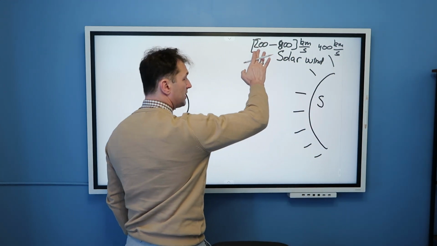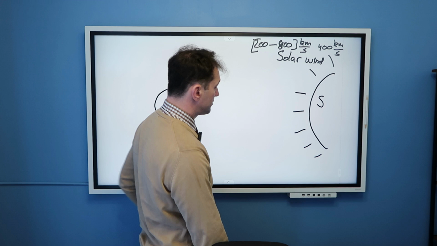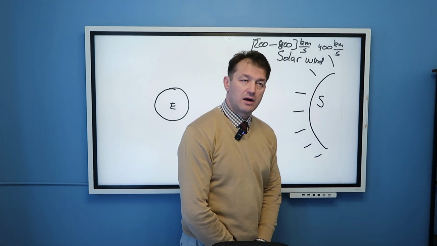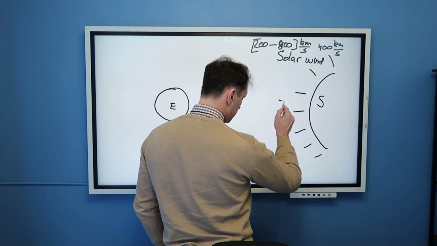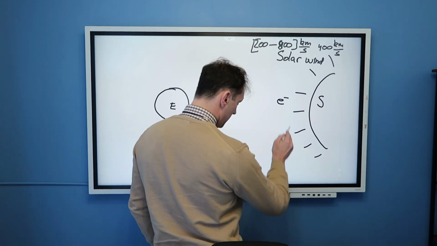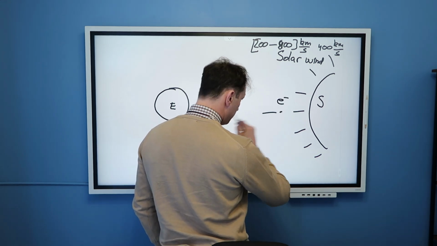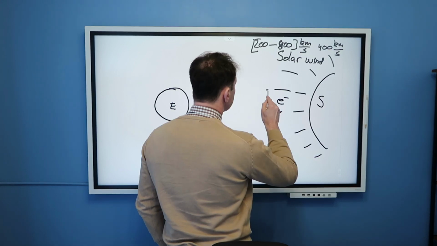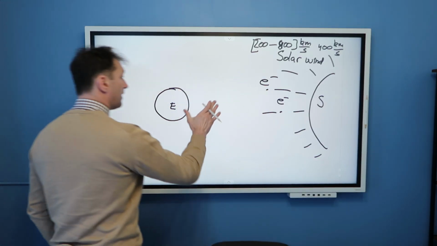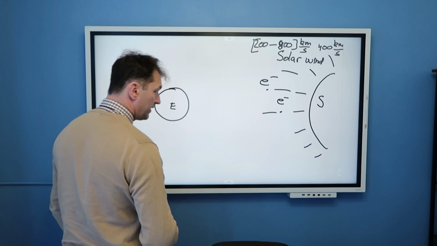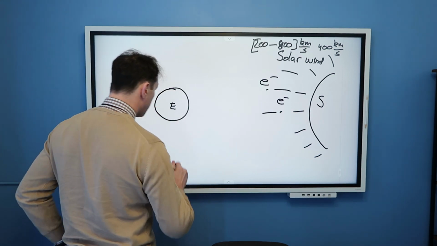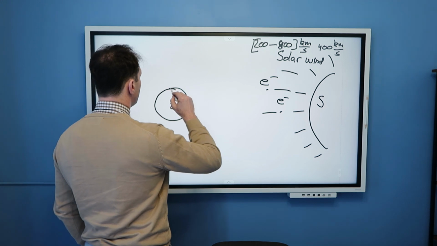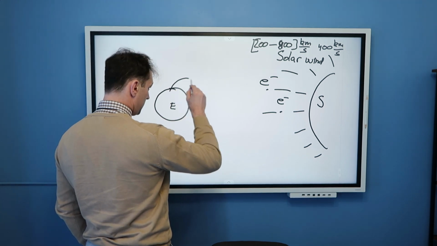So they move between 200 and 800 kilometers per second, with the average around 400 kilometers per second. And these charged particles are typically electrons. So electrons zip through space, and some of these electrons will now collide with the Earth and Earth's magnetic field. Due to this interaction, the Earth's magnetic field ends up looking more like this.